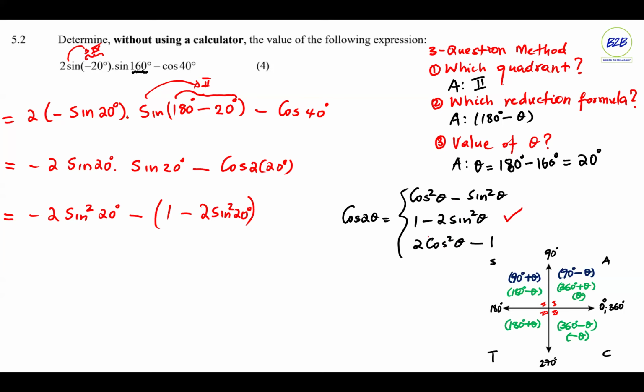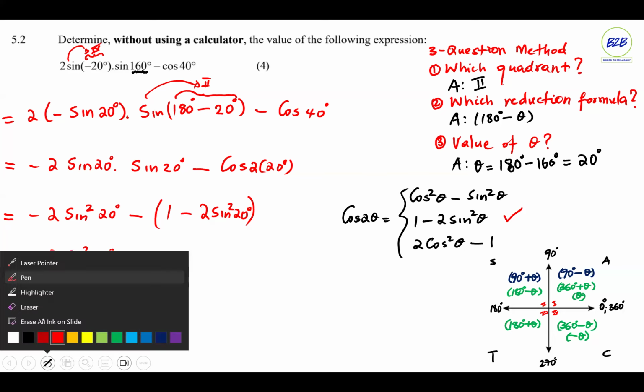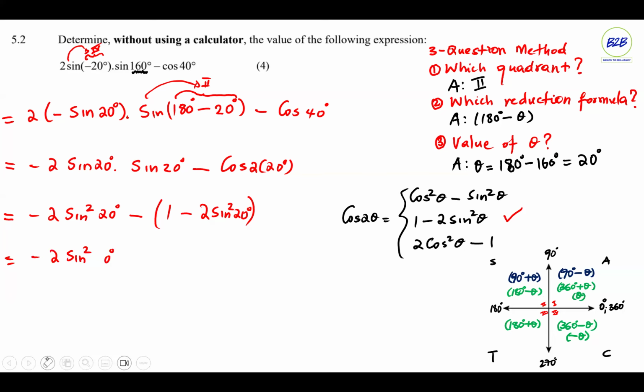It's best to pick appropriately. Then minus 2 sine squared of 20 degrees. And then we now remove the brackets. Minus times 1, minus 1, minus times minus, plus 2 sine squared 20 degrees.